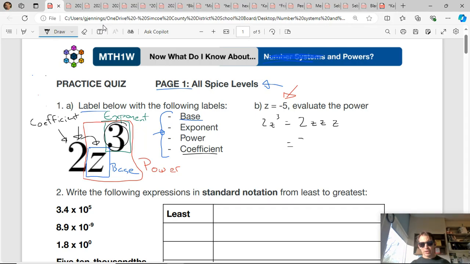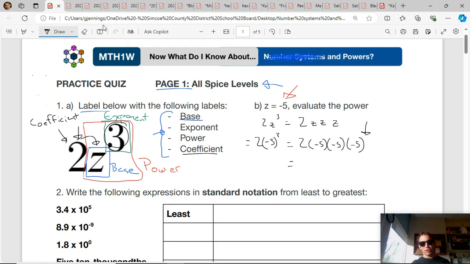And then I could also write that as 2 multiplied by -5 times -5 times -5. Or I could have just written that from up here as 2 times -5 in brackets to the 3. Notice I'm always substituting into brackets, very nearly always, because it's a very good habit.